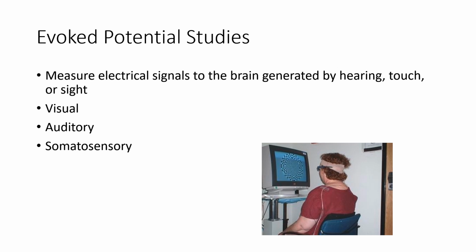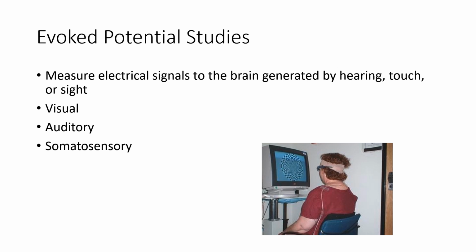So first, the electrodes are attached to the scalp. The second set of electrodes are attached to the body part that's being tested. And then it measures the time from the stimulus to the time the impulse takes to create a muscle reaction.